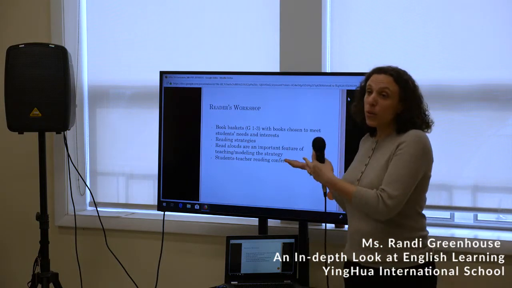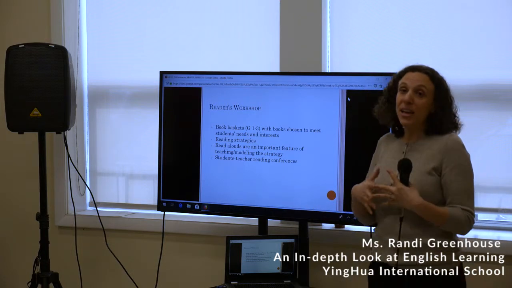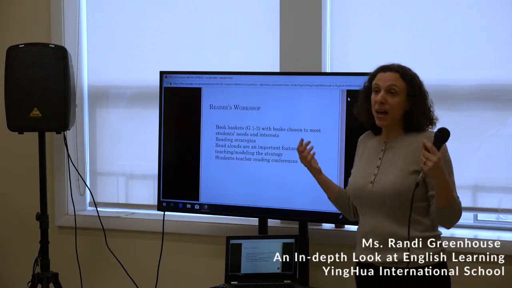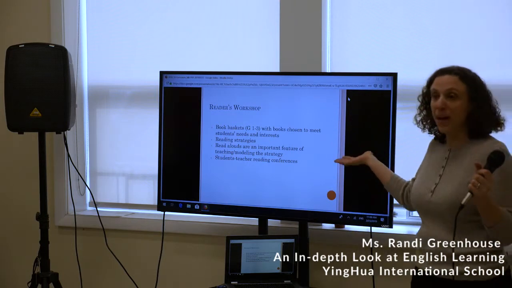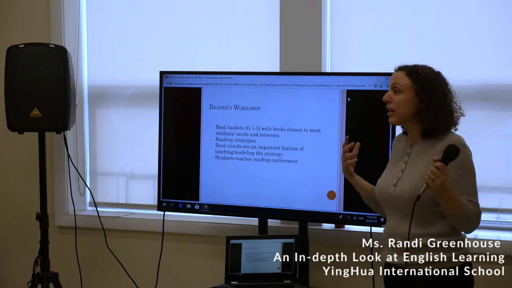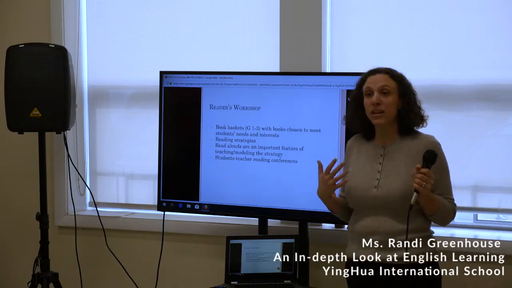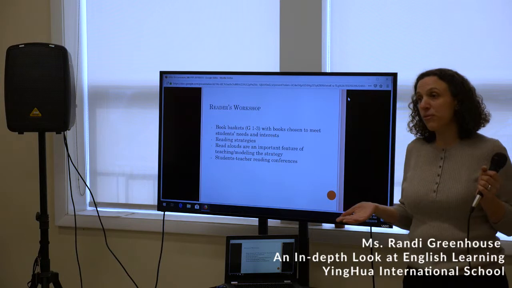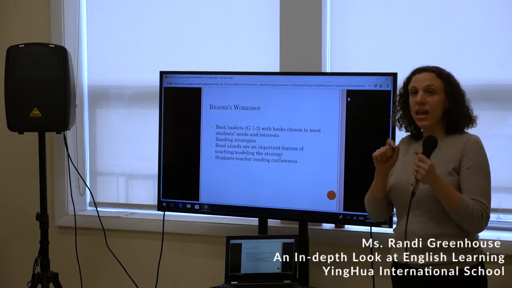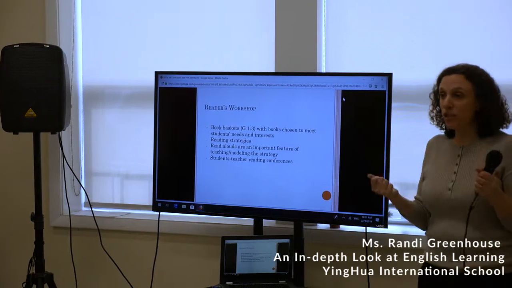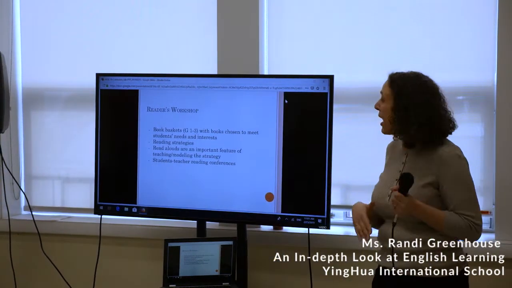Now, the reading workshop is not always connected to the unit of inquiry, because we don't have 50 books to choose from. Not that the school doesn't have it, but to find 50 books about outer space that the kids are going to read. So these are all different kinds of books. This year we brought in a wonderful series from Scholastic called Branches, and they're chapter books with pictures, and they're all different levels, and they're really engaging to the kids, so a lot of the kids would have those.